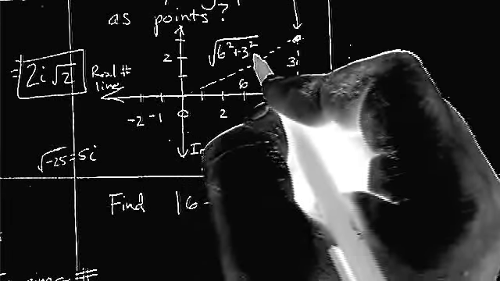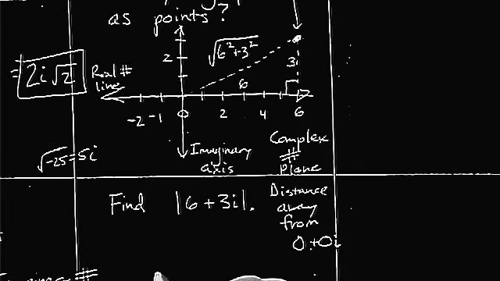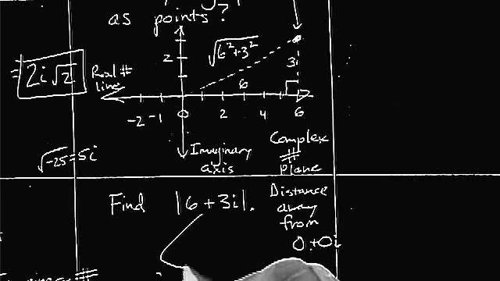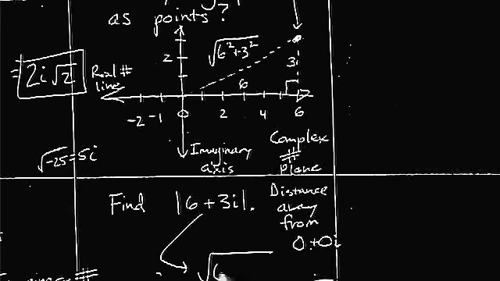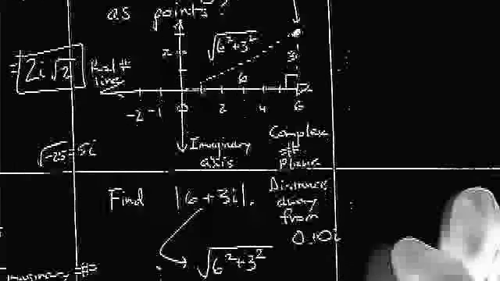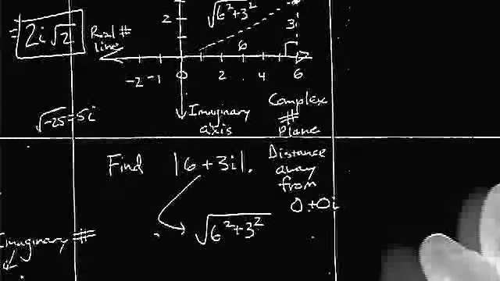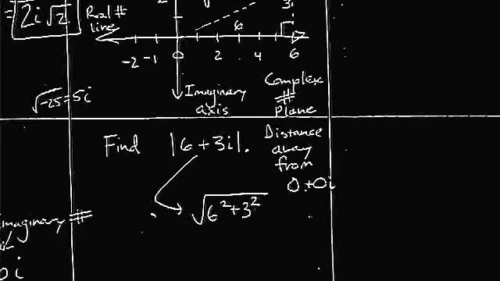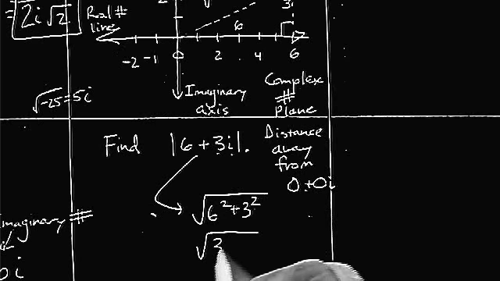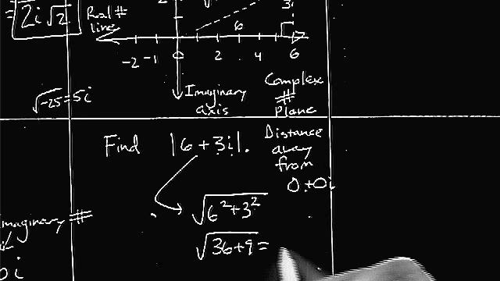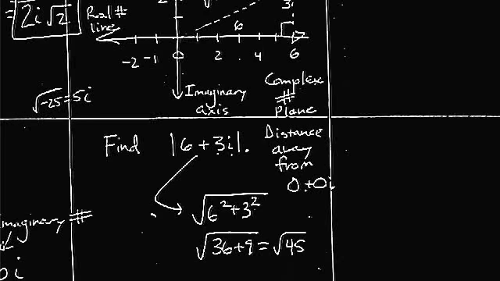And you'll notice that when I do this, the absolute value being the square root of 6 squared plus 3 squared, there are no i's involved, folks. I don't take 3i and square it, I just take the 3. It's the imaginary portion of the imaginary number. I do not take the i. So, 36 plus 9 equals the square root of 45.